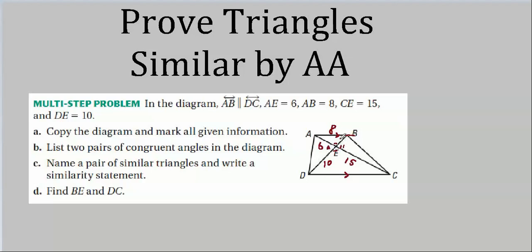This angle is congruent to this angle. These are the alternate interior pairs. Well, that means that this triangle here is similar to this triangle. We've got these two angles congruent, and this angle congruent. Two congruent angles means similarity.